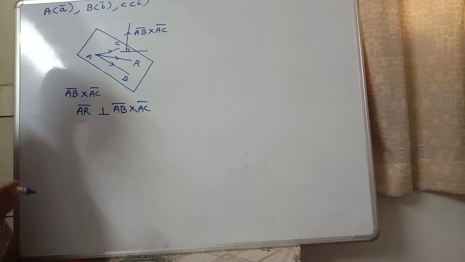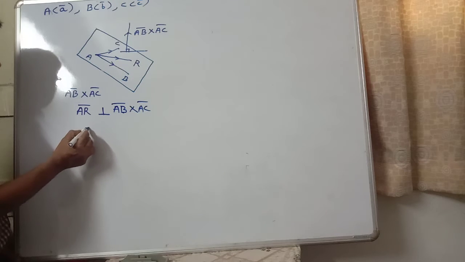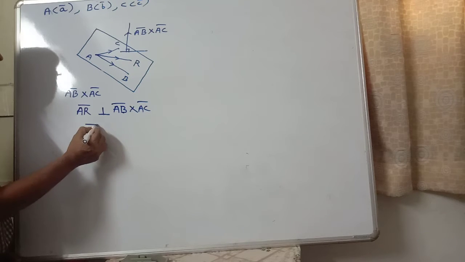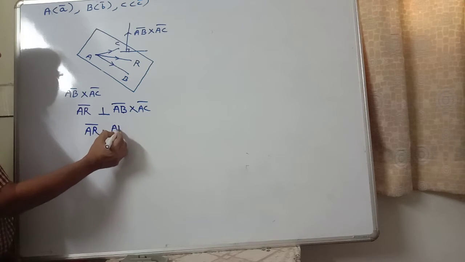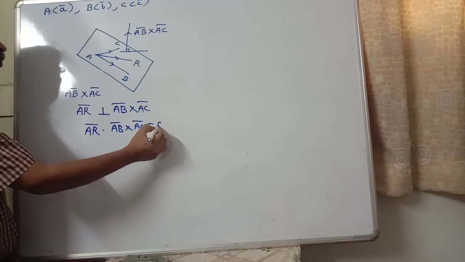It means that their dot product, scalar product is 0. AR bar dot AB bar cross AC bar equal to 0.